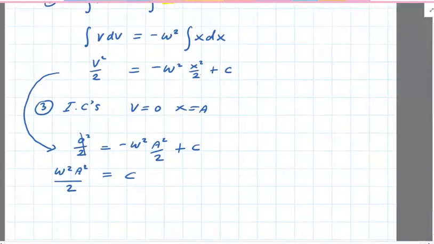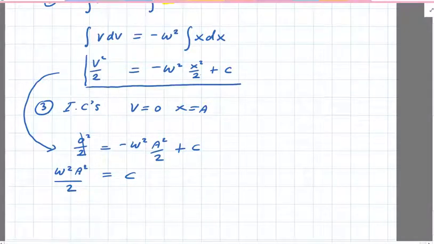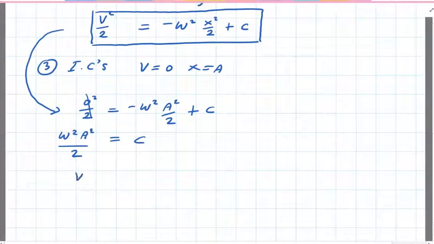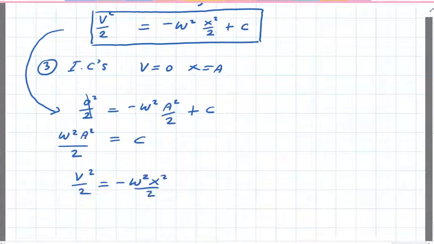Now that we have a value for c, we put it back into the original equation. V squared over 2 is equal to minus omega squared x squared over 2 plus c, which we just worked out to be omega squared a squared over 2.